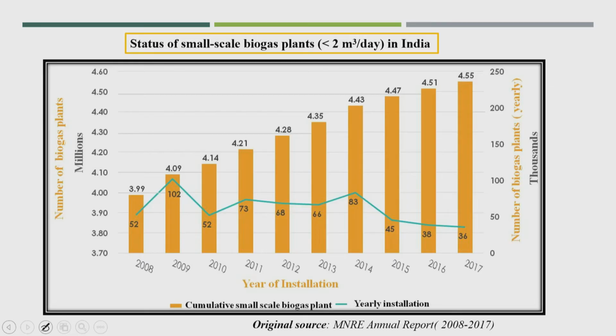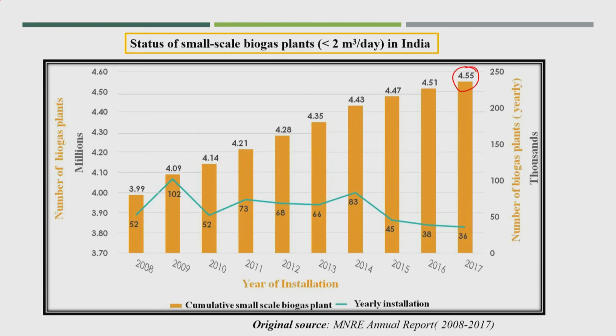And if you see the status of small scale biogas plants in India, small scale meaning a size less than 2 meter cube per day, along with that the yearly installation. So, you see the numbers in millions, these are cumulative numbers, 4.55 million biogas plants, and in yearly installation you see that now it has been reduced.